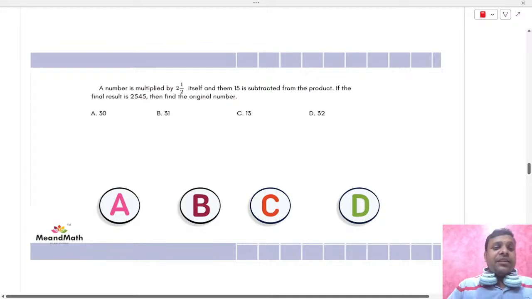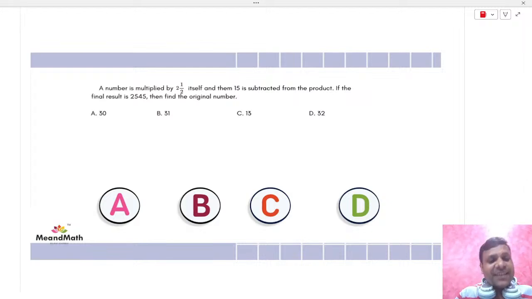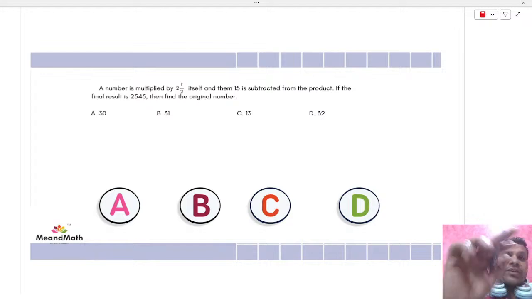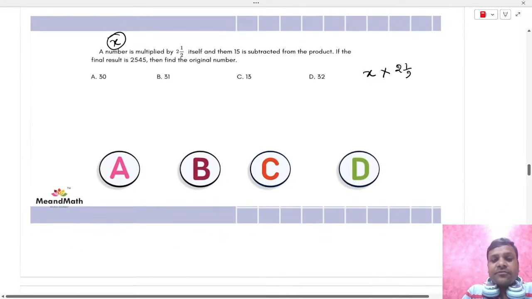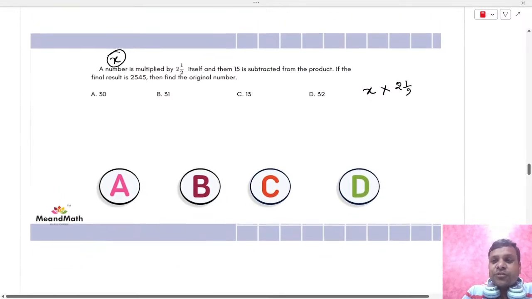A number. Let's suppose the number be x. जो भी unknown है उसको हम क्या assume करते हैं? X. So I'll assume x here, the number. This number is multiplied by 2.5 itself, means 2.5x, and then subtracted by 15.